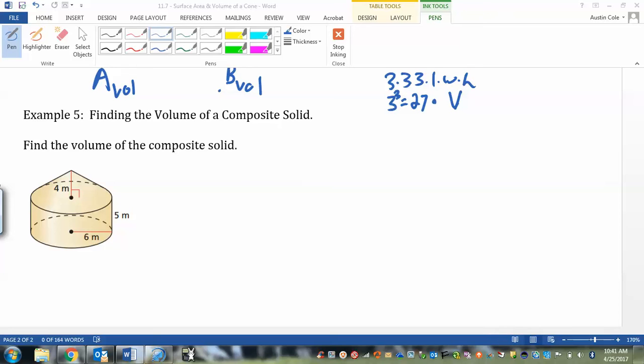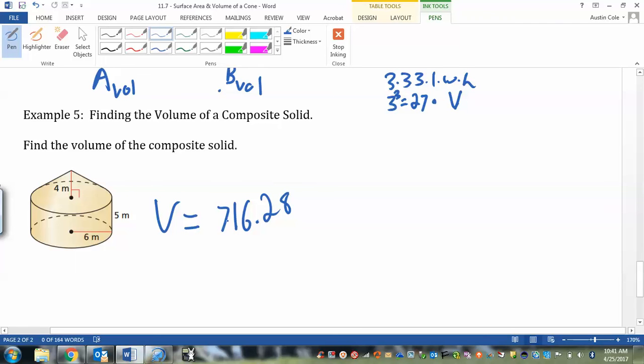All right. So, what'd you guys get for the total volume? 216.29. 209.69. Yeah, I was gonna say. It's point 0.29. Right, right. Okay, good. It just depends on how you round. Okay. So 716.29.